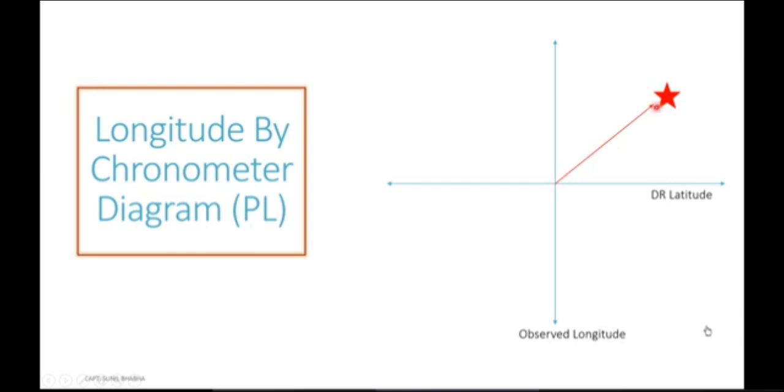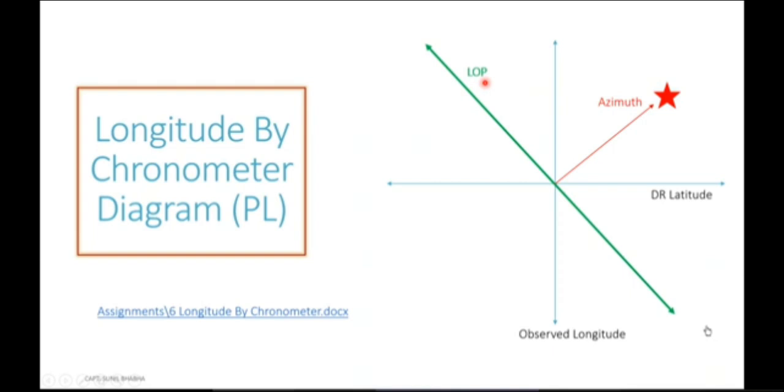Now once the azimuth is plotted, we know perpendicular to the azimuth is the position line. So at right angles to the azimuth of the body, draw the PL. So this green line which you see is the position line, and this is how it is plotted. It is also called an LOP, that is line of position, or a PL, that is position line. So this is how we plot the position line on our chart.